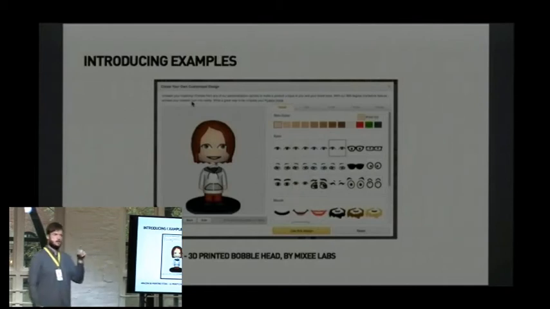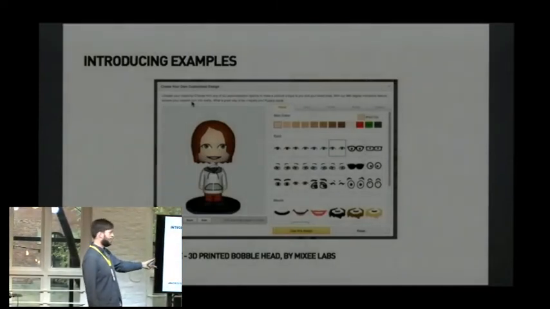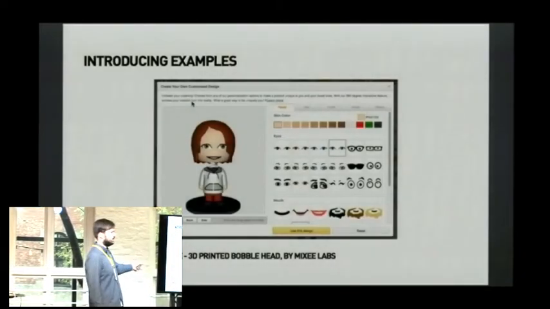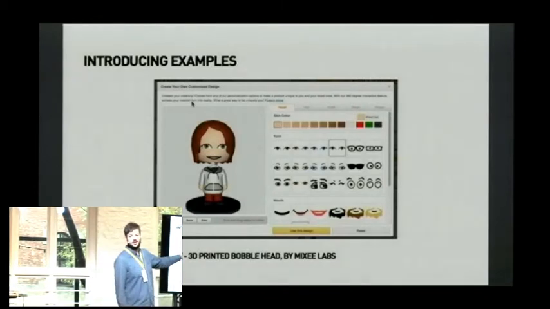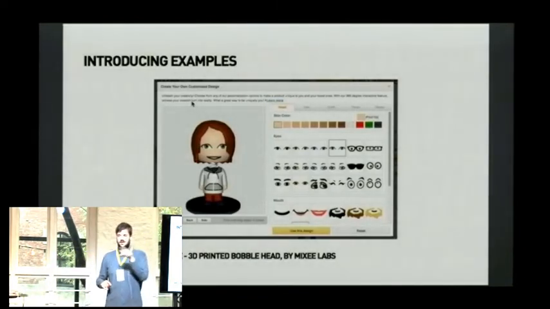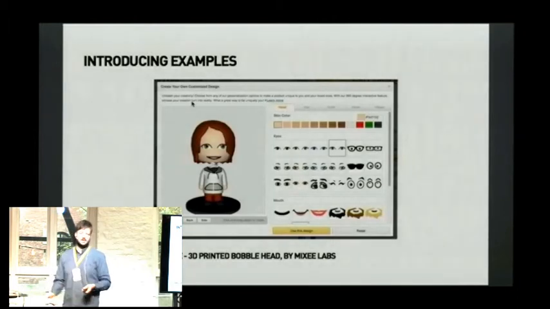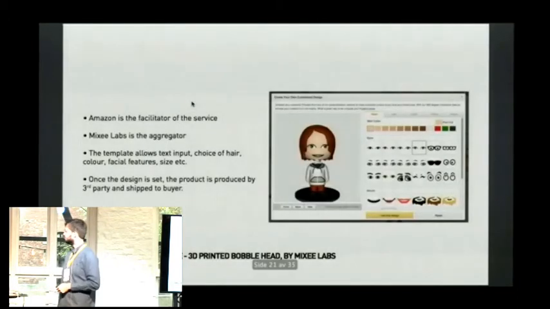And the designer isn't necessarily the producer either, because this is made by someone called Mixi Labs, and they have the service on Amazon website, and it's made by another company called Sculptio. So there's a lot of distribution going on, and no one is taking on everything, unlike the artisan designer of the past.